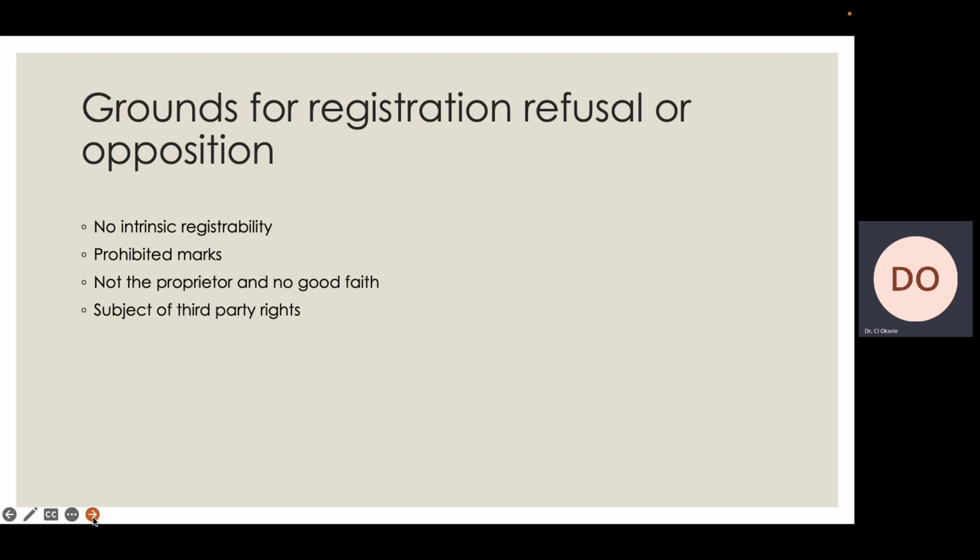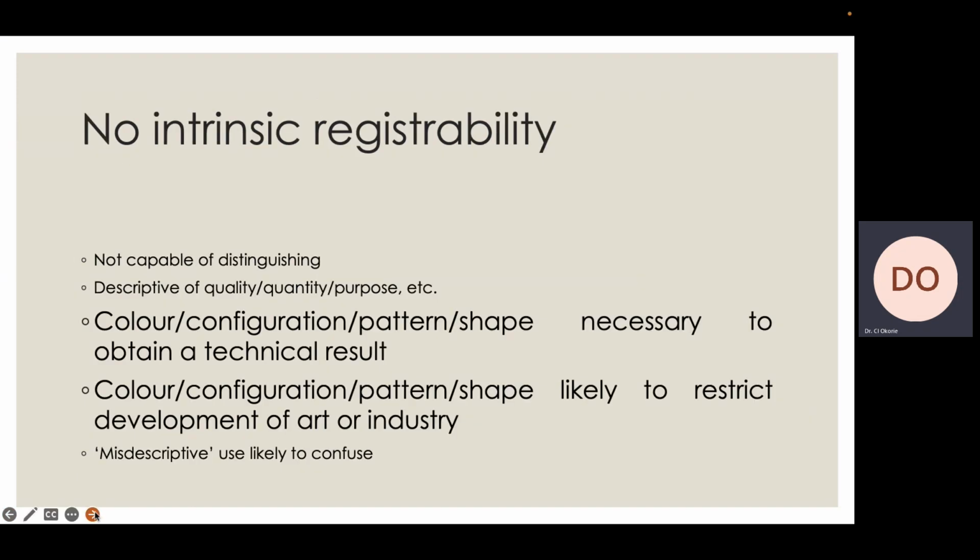It's either the mark in question doesn't have intrinsic registrability, we'll deal with that subsequently, or that the mark is a prohibited mark, or that the person that wants to register the mark, you are not the proprietor of the mark, and there's no good faith in your proposed registration, or the mark that you want to register is actually subject of third-party rights. Those are things that could prevent or lead to the opposition of the registration of your mark. So let's deal with each of them specifically.